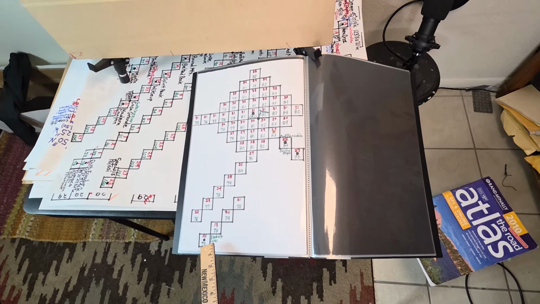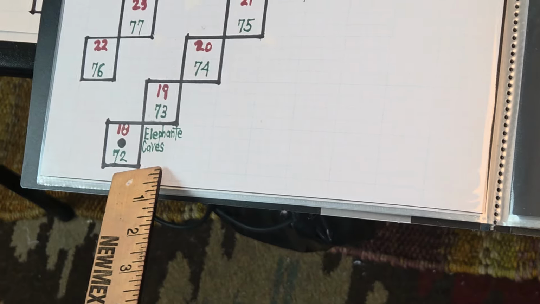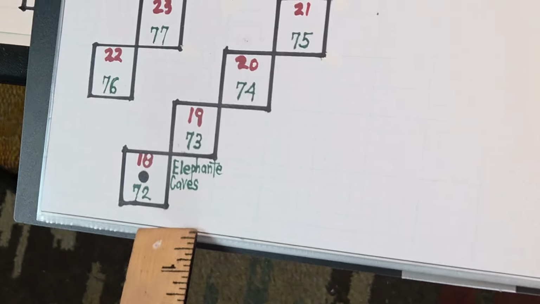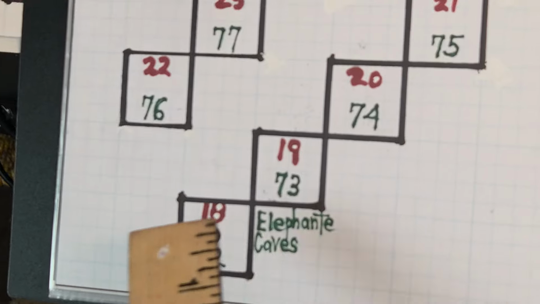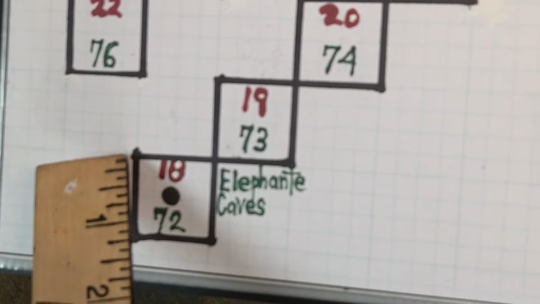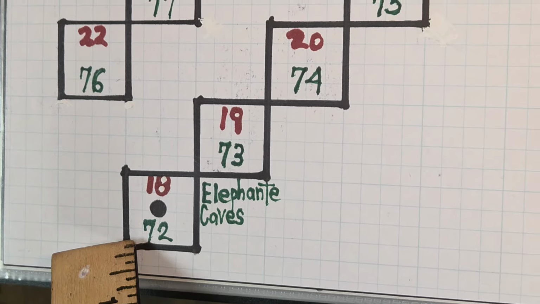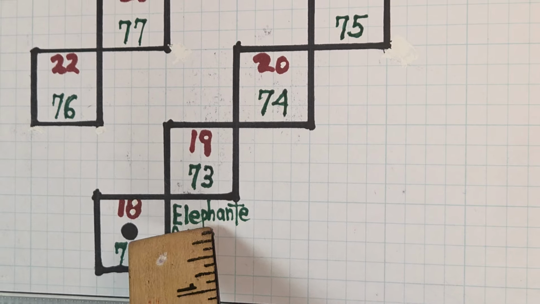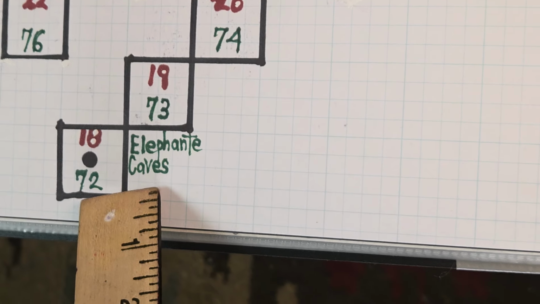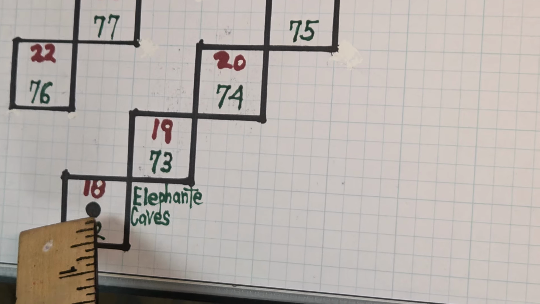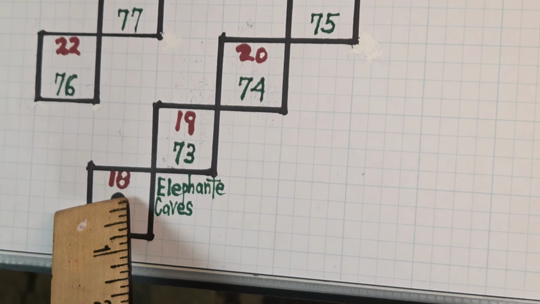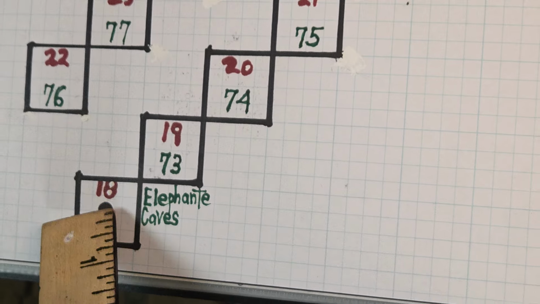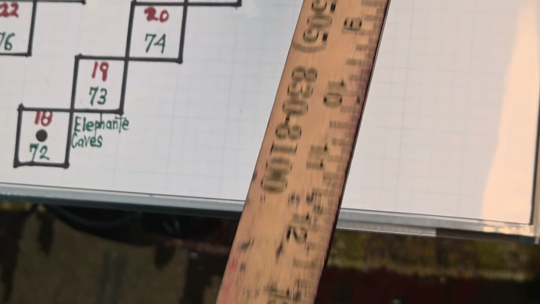If you go to the Elephanta Caves in India, which is at 18 degrees latitude, 72 degrees longitude, there is a temple in there that has a layout that is this.